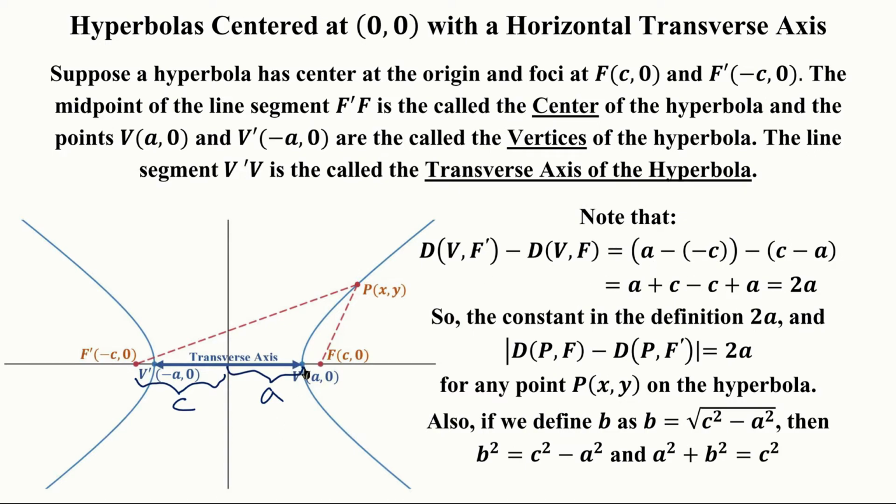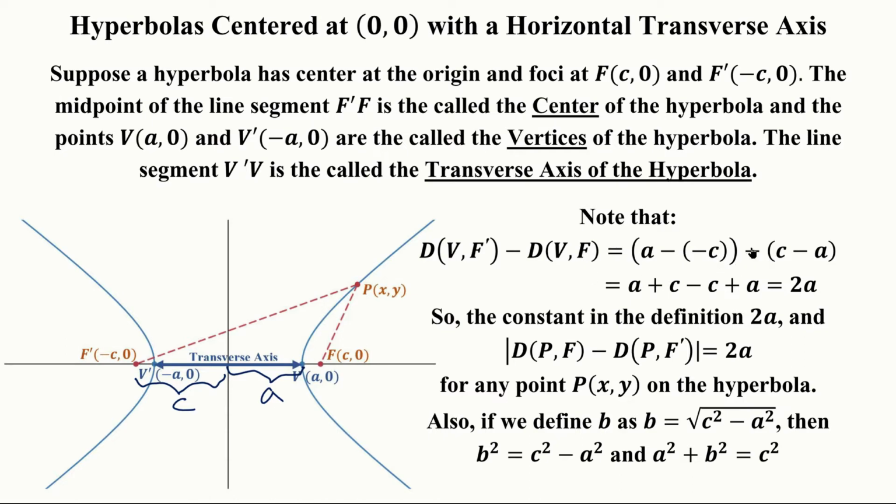Remember, whenever you want to find the distance between two real numbers, you can just take the larger one and subtract from it the smaller one. So we take the a here, which is larger, and subtract from it negative c, and we end up with a minus negative c.